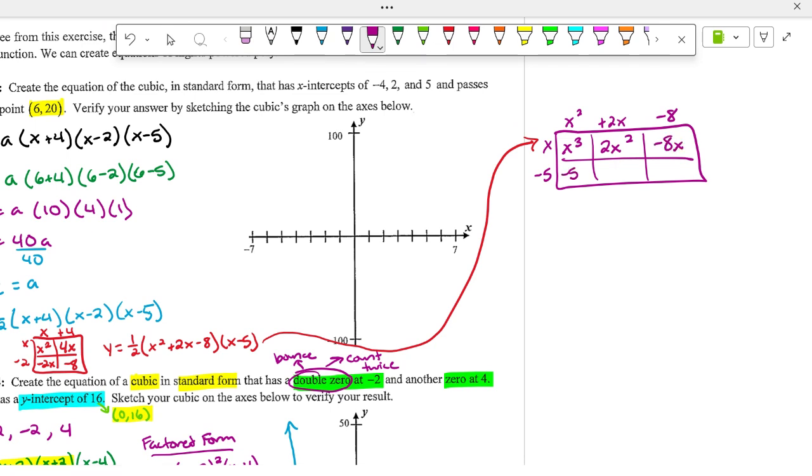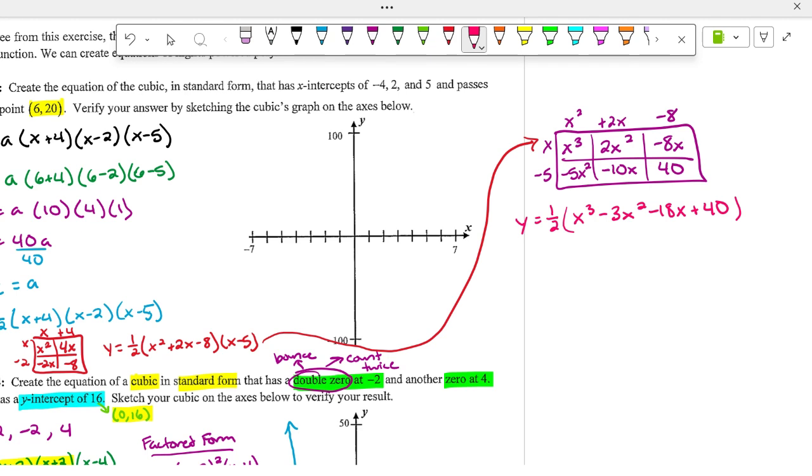Negative 5x squared. Negative 10x. Good. So if I combine like terms and pull it out, I get x cubed. Negative 5x squared plus 2x squared is negative 3x squared. Negative 10x, negative 8x, that's negative 18x plus 40. But I still got to make sure you have that 1/2.